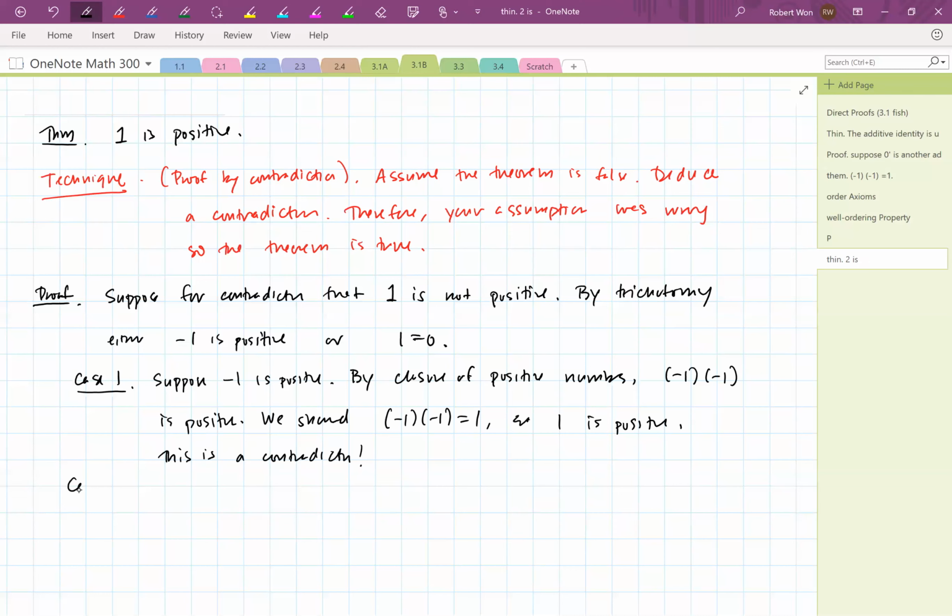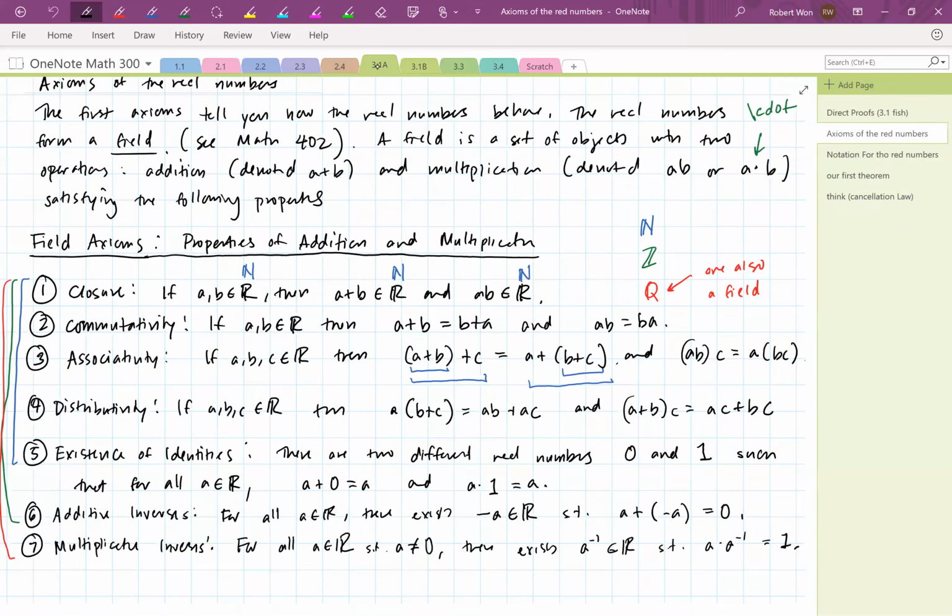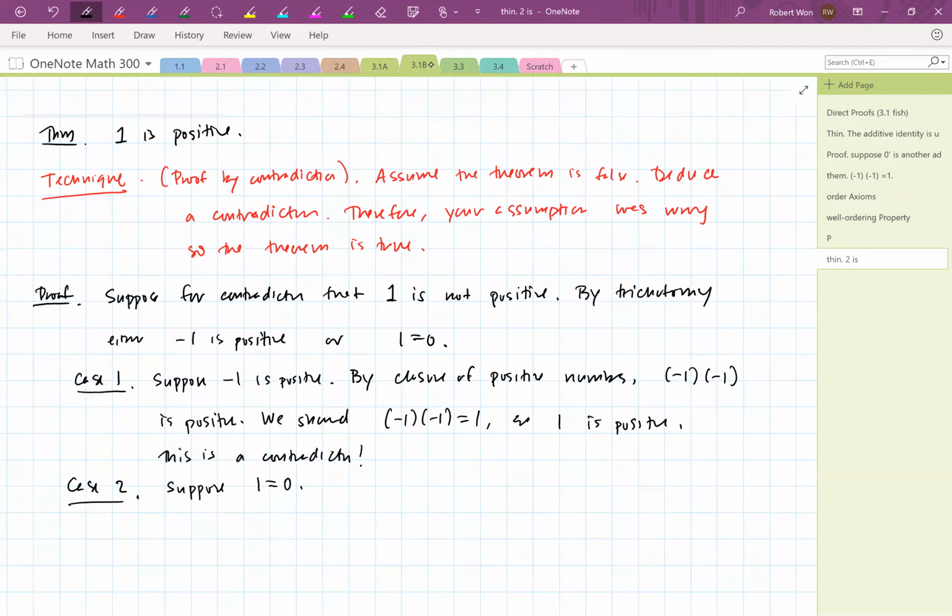So now, case 2, suppose that 1 equals 0. But this actually immediately goes against an axiom, because in axiom 5, I assume that there are two different real numbers, 0 and 1. So I assume that the additive identity and the multiplicative identity were different numbers. So this actually contradicts axiom 5, which part of it asserts that 1 and 0 are different real numbers.